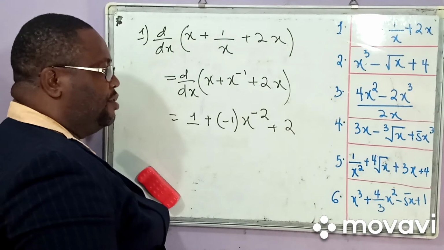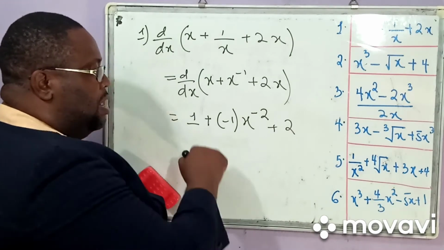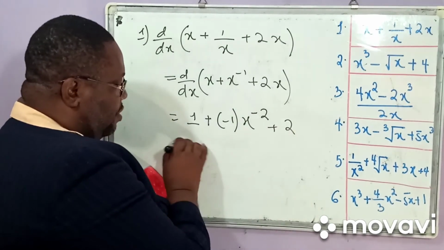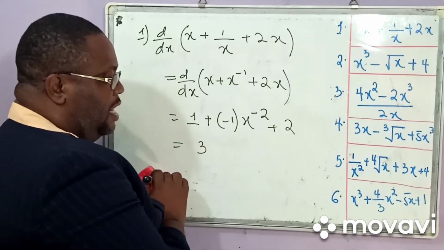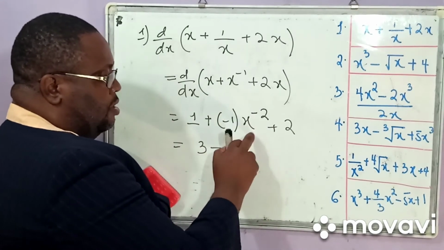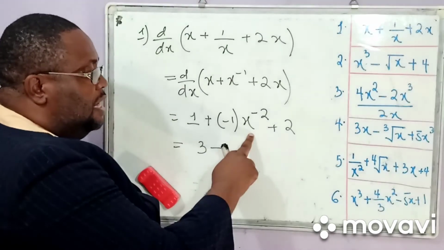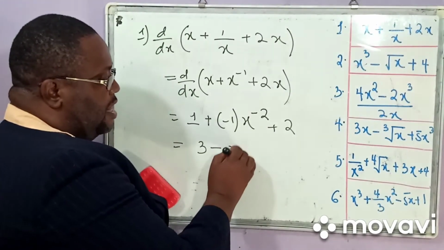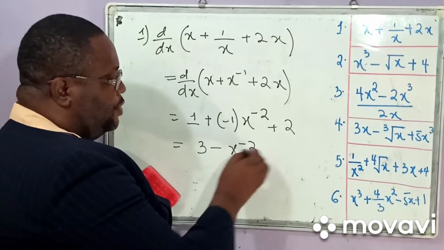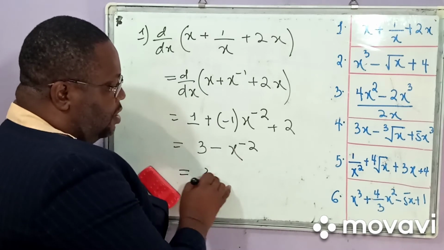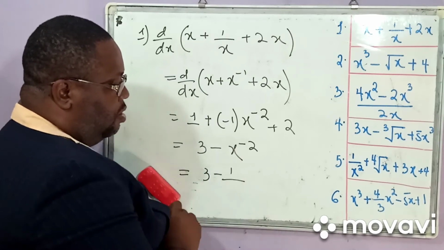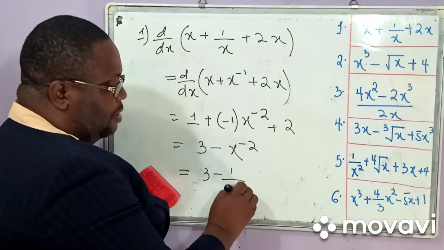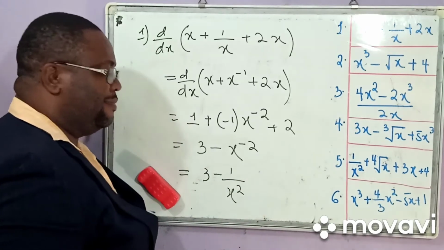Whenever you differentiate ax, you simply get a. Now 1 plus 2, what do I have? I have 3 minus, look at something here, x to the negative 2. So we simply have minus x to the negative 2, and which simply becomes 3 minus 1 all over x to the power 2.